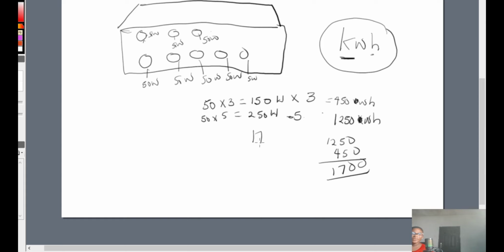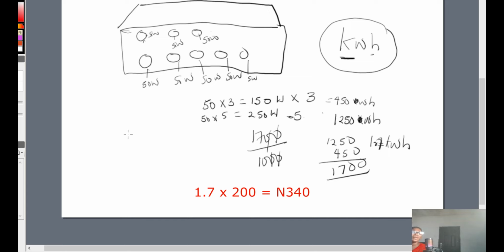So 1700 divided by 1000, this cancels this, that will be 1.7 kilowatt hour.